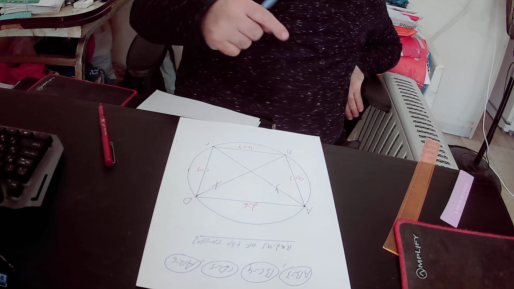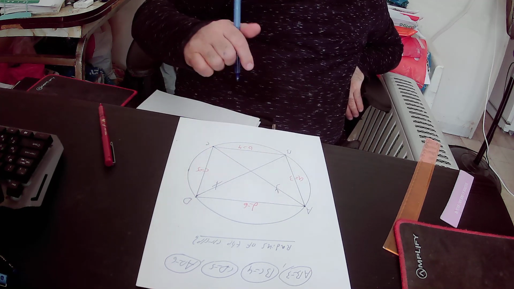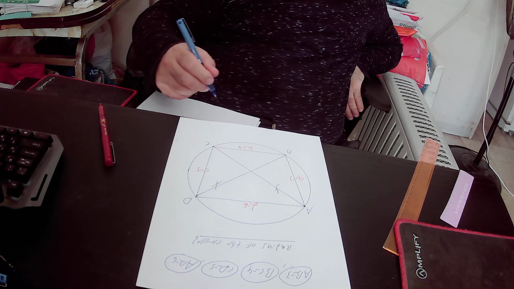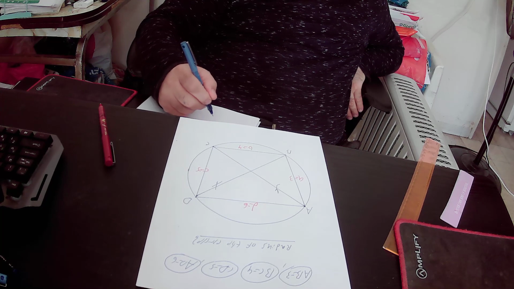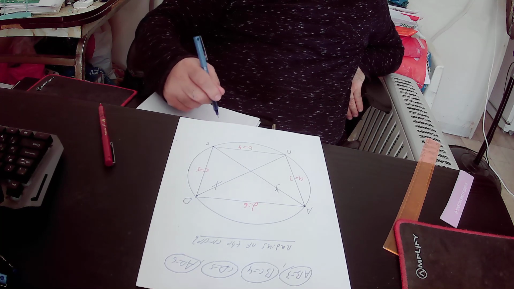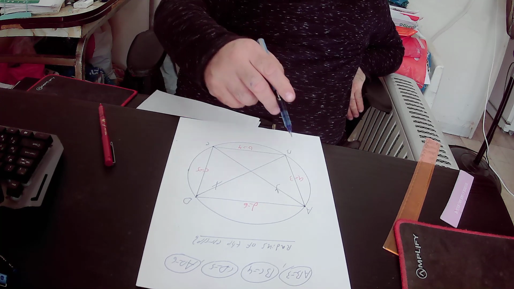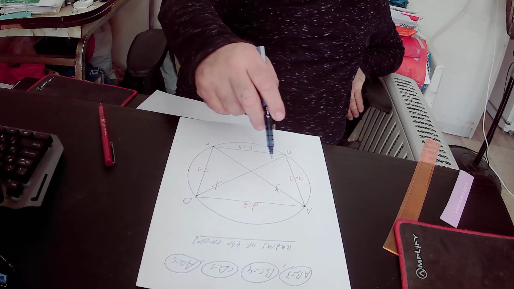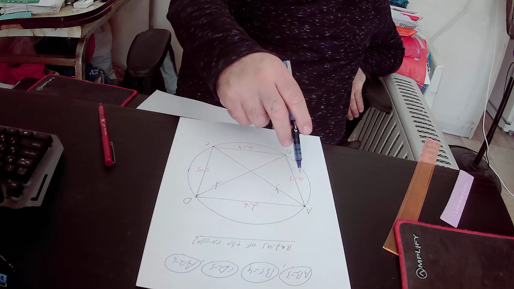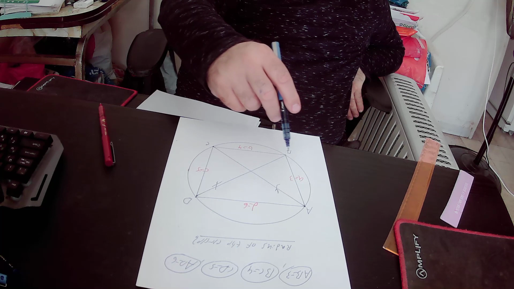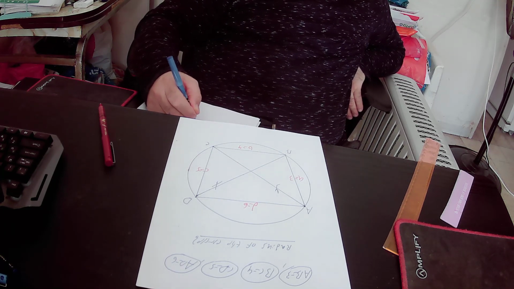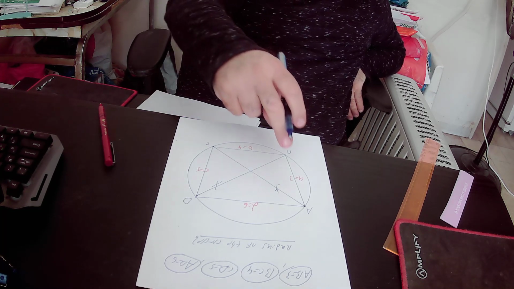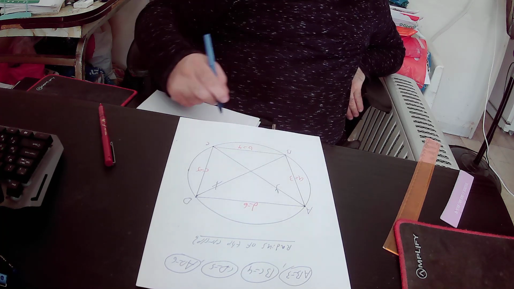Therefore, according to rule number 3, the radius of this circle, that is to say capital R, equals the product of triangle ABC's sides, that is to say a times b times y, over 4 times the area of triangle ABC.